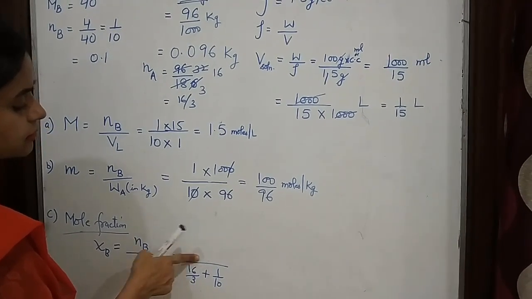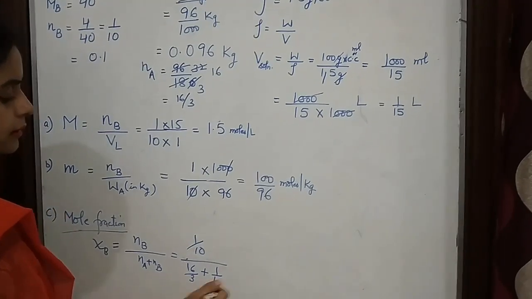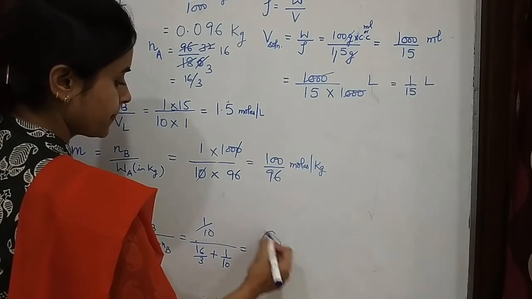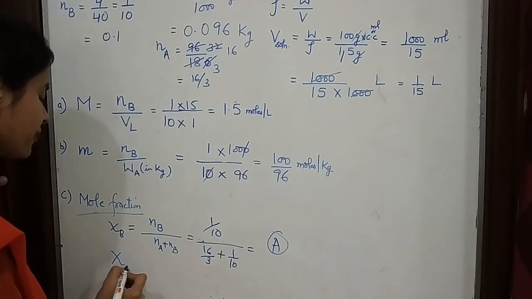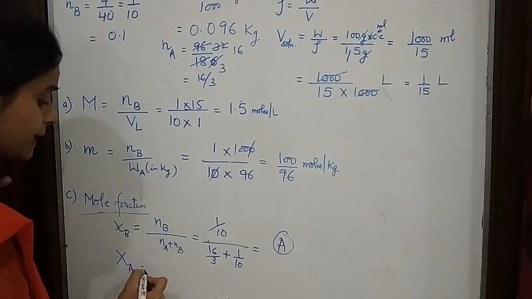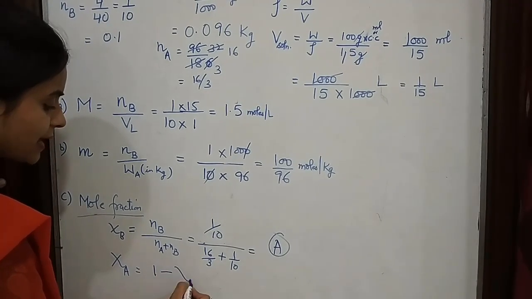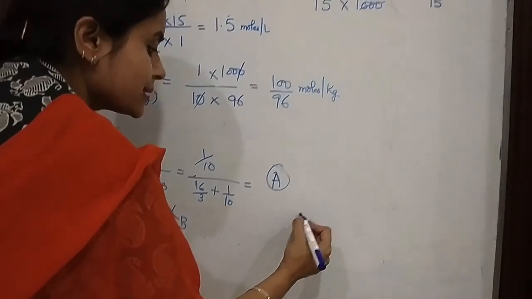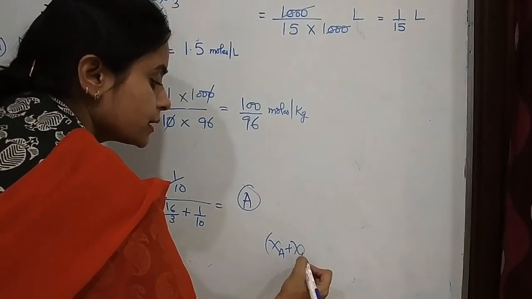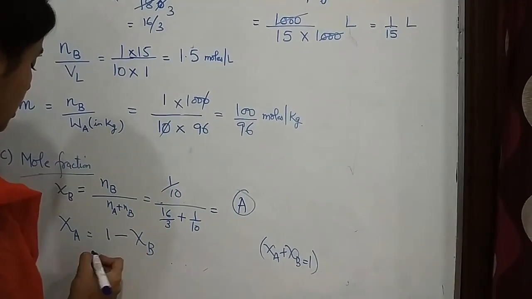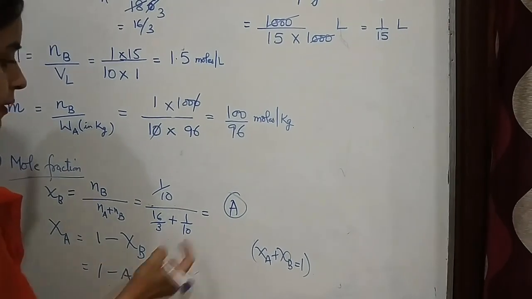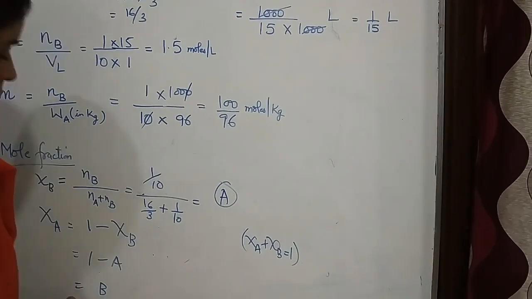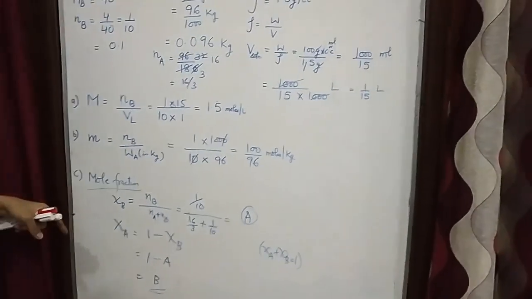You can write in either way, and you can easily find out this. Suppose it is A, and you have to find out mole fraction of solvent. It is equal to 1 minus chi A, because I told you that the sum of mole fractions of all the components, chi A plus chi B, is equal to 1. So it is equal to 1 minus A, which you calculated above, and suppose it is B. In this way you find out another term, that is mole fraction.